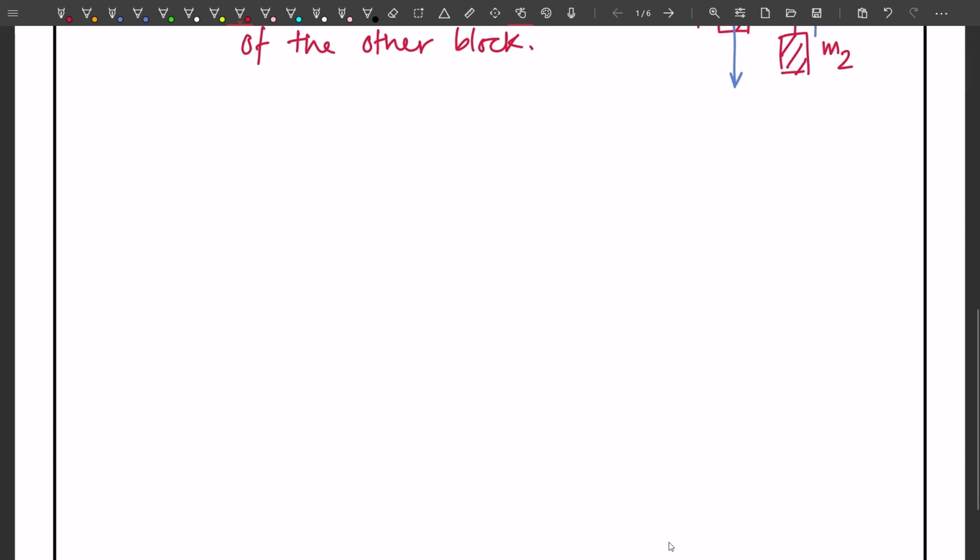Now let's dive into the three types of constraint motion that we have.